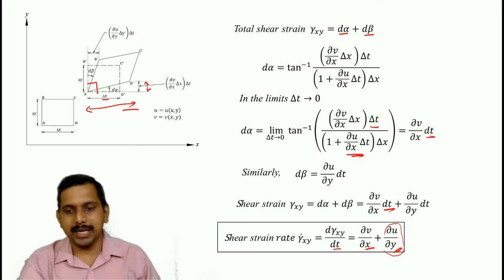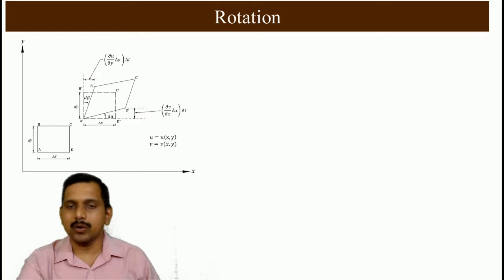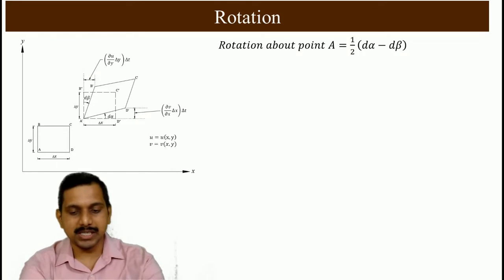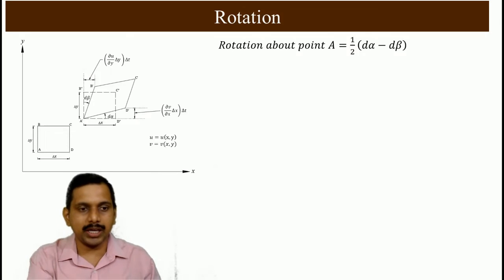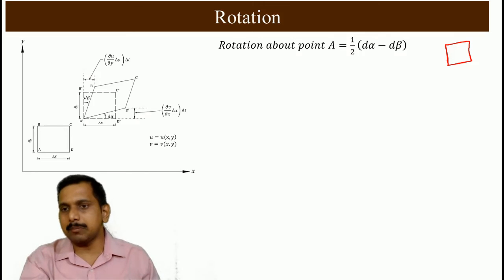Next we will see what rotation is. Rotation is similar to this. When we say rotation, in case I had this particular ABCD as my initial fluid element, if it had rotated by some angle, what angle would it have rotated by?